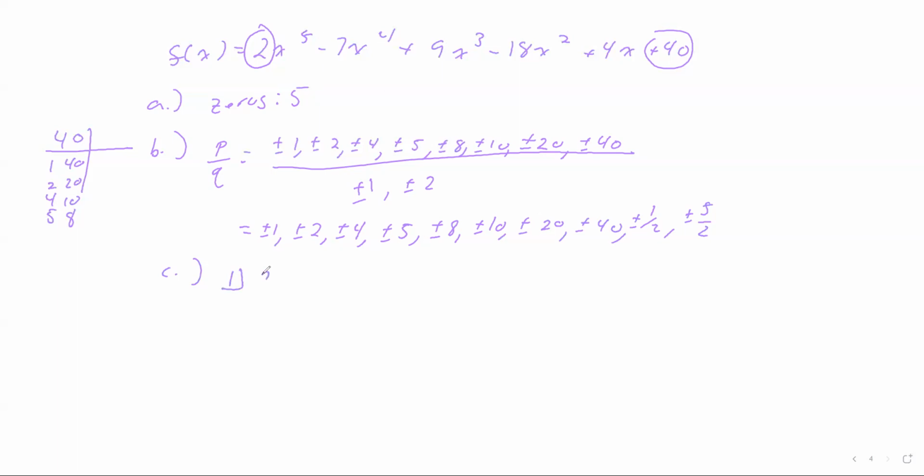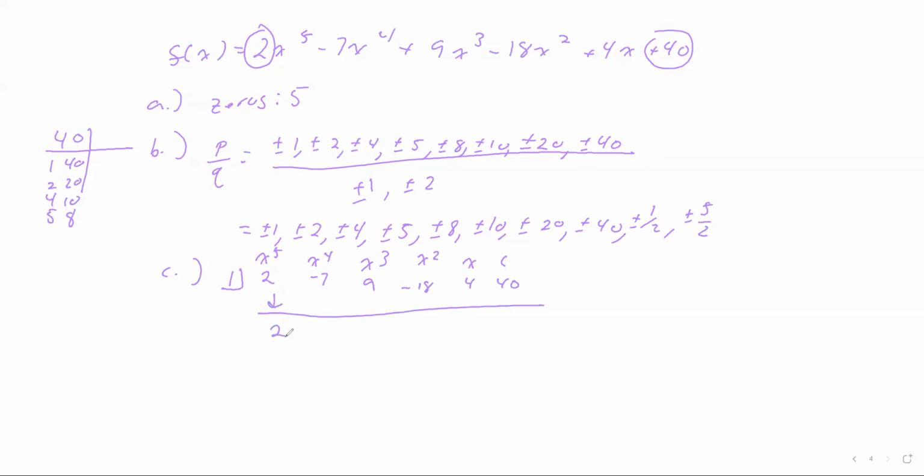So this is going to be 2 for my x to the 5th. X to the 4th is -7. X cubed is 9. X squared is -18. My x is 4. My constant's 40. Watch out. Make sure you have a placeholder for every term.